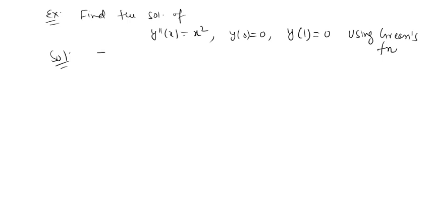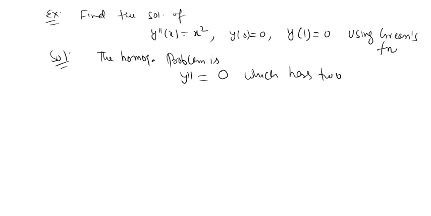The homogeneous problem is y double prime equal to 0, which has two fundamental solutions, or two linearly independent solutions. How do you get them? You just integrate twice, and you get the solution y equal to c1 plus c2 x: c1 times 1 and c2 times x.